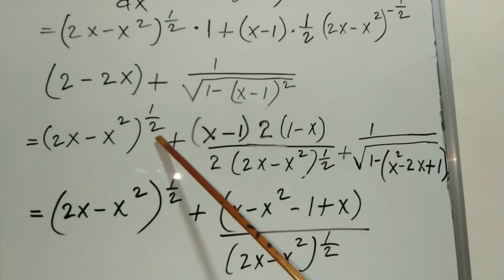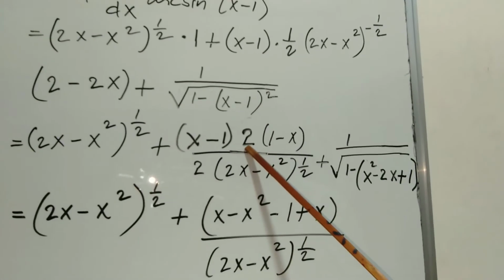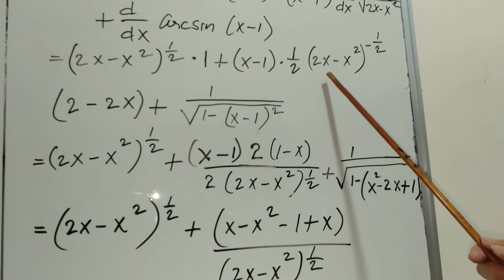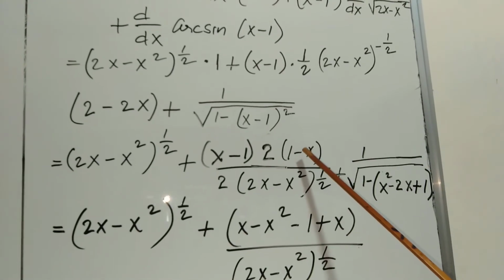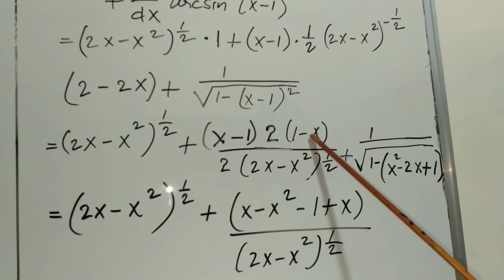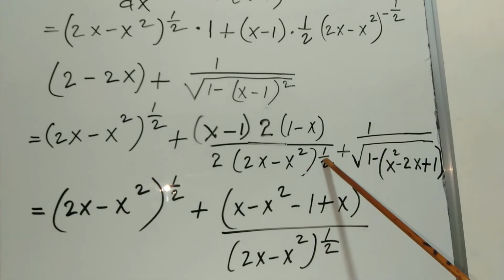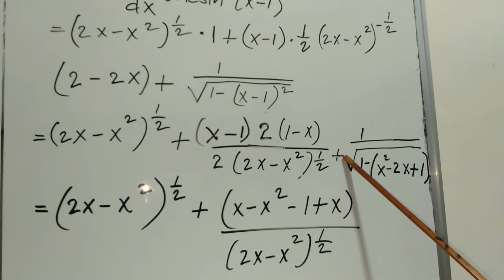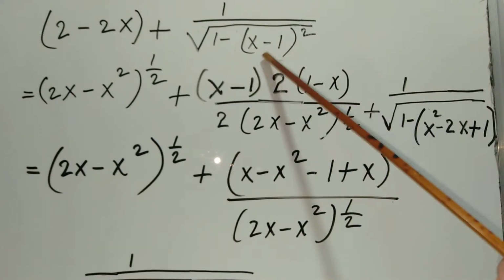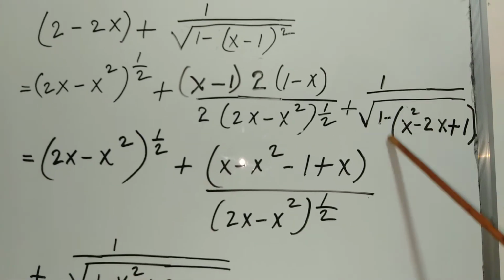We have 2x minus x squared raised to 1/2, plus x minus 1 times the derivative of 2x minus x squared, which is 2 times the quantity 1 minus x, over 2 times the quantity 2x minus x squared raised to 1/2, plus 1 over the square root of 1 minus the quantity x minus 1 squared.